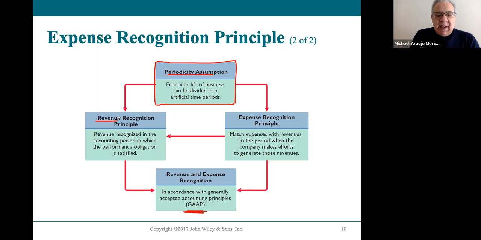Income statements have revenue and expenses, and so you have to have these principles down. We recognize revenue when we do the work. We recognize the expense in the period of time in which the expense happened. These are critically important concepts to understand.